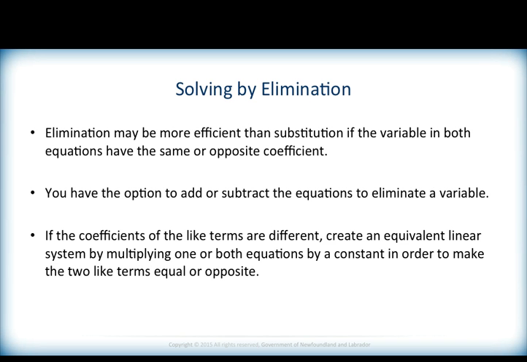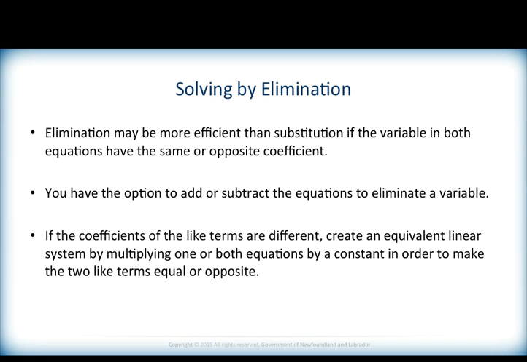If the coefficients of the like terms are different, create an equivalent linear system by multiplying one or both equations by a constant in order to make the two like terms equal or opposite. So what all of this means, when you're using the elimination method, you're going to be given a linear system of two equations.